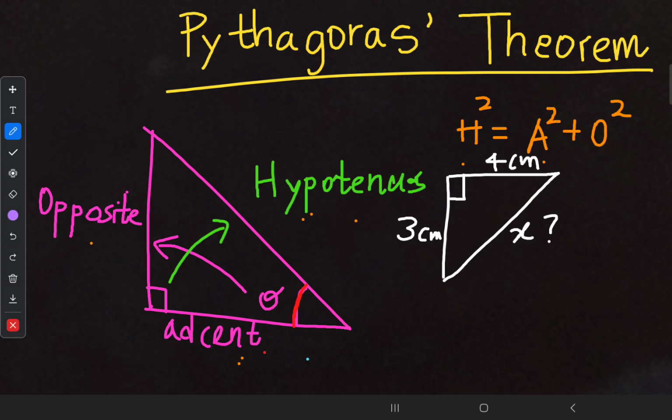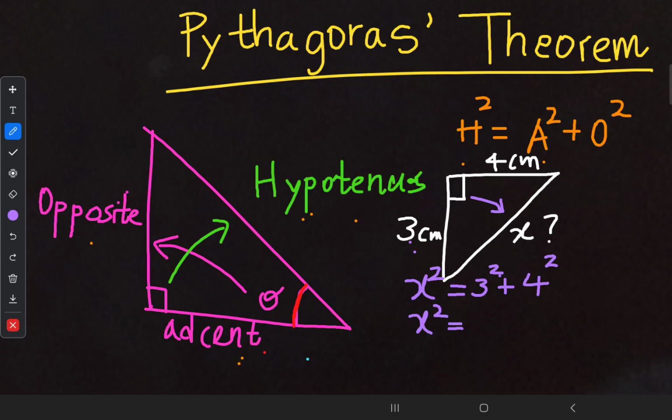We can write the Pythagoras theorem. The hypotenuse is the side opposite to the right angle. So x square equals adjacent side square plus opposite side square, so 3 square plus 4 square.